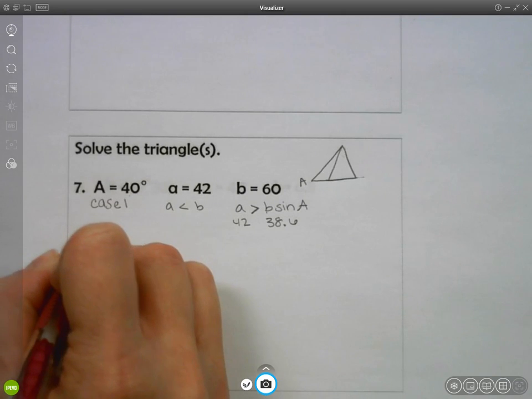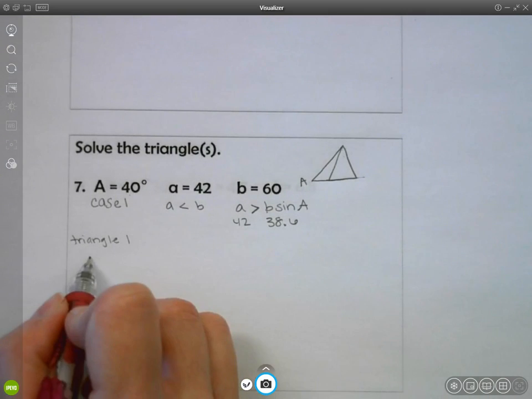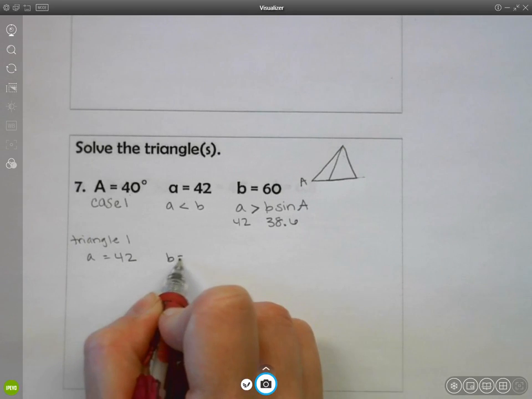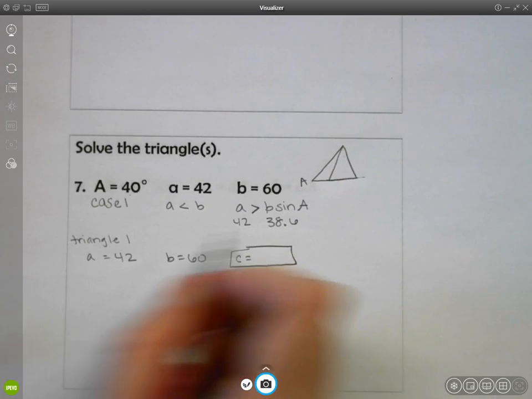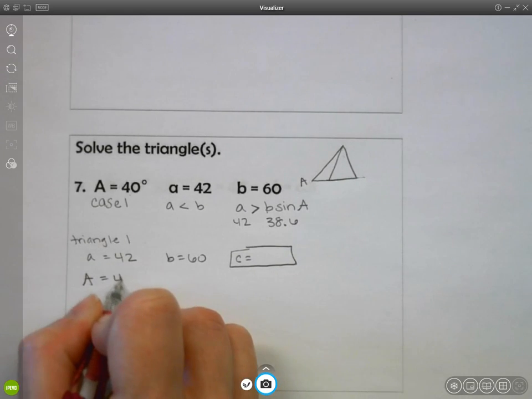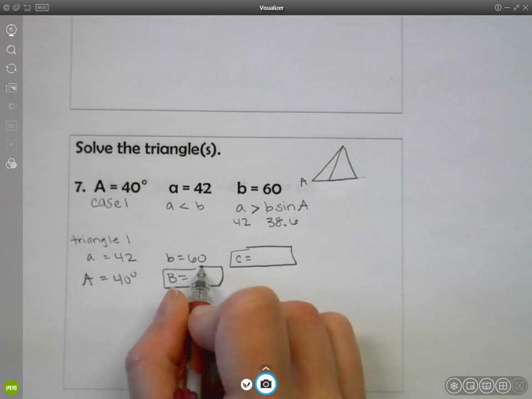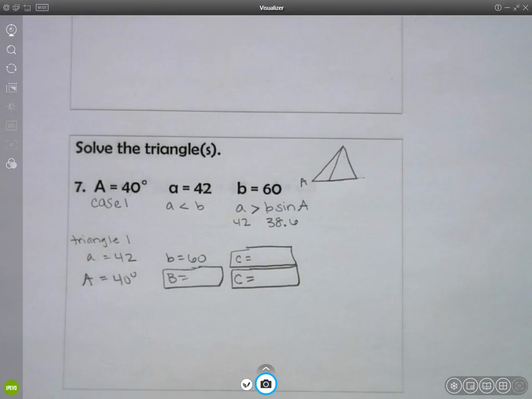So for triangle 1, everything is normal. So you do A is 42, B is 60, C I don't know. Angle A is 40, angle B I don't know, angle C I don't know. We just did this a minute ago, so if you want to pause and see if you can solve this triangle using number 5 as a guide, that would be a good plan.